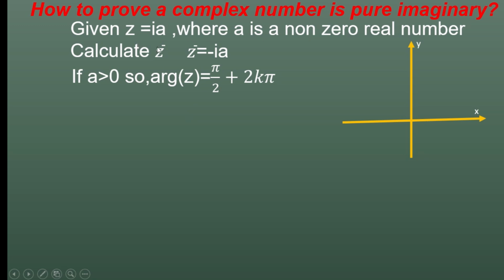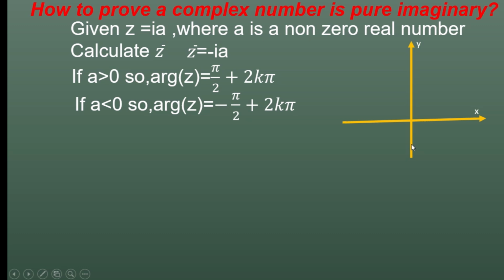And if a is negative, the image of the complex number is here on the negative y. The argument of z in this case is equal to minus pi by 2, or minus pi by 2 minus 2 pi, minus pi by 2 minus 4 pi, and so on.